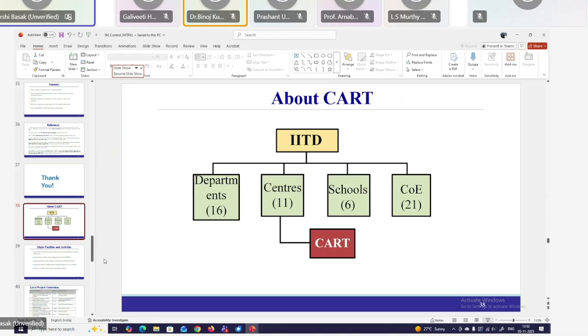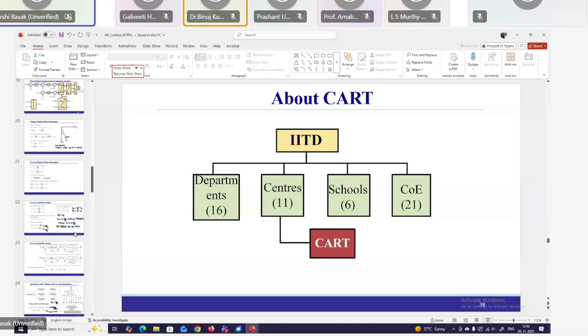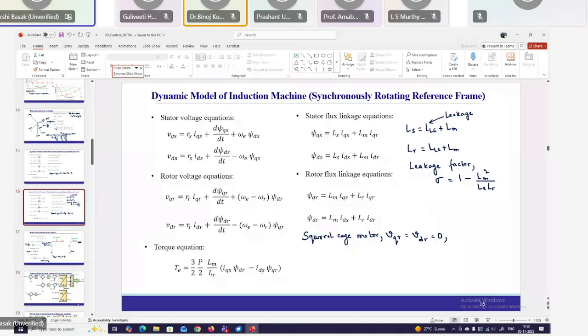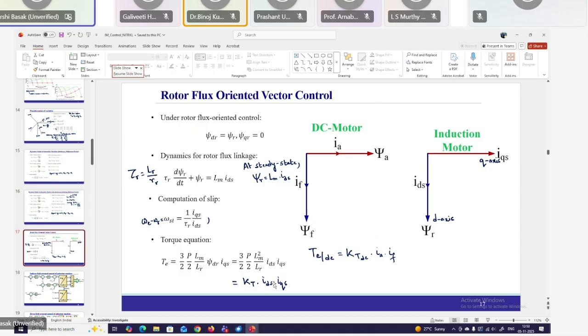If you refer to this torque equation, if you don't make psi qr equal to 0, then your torque expression will not come in this form, which is the form of a DC machine.